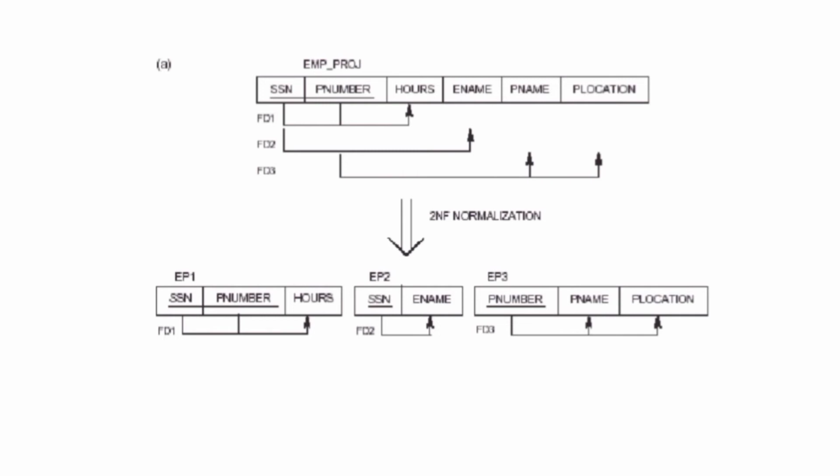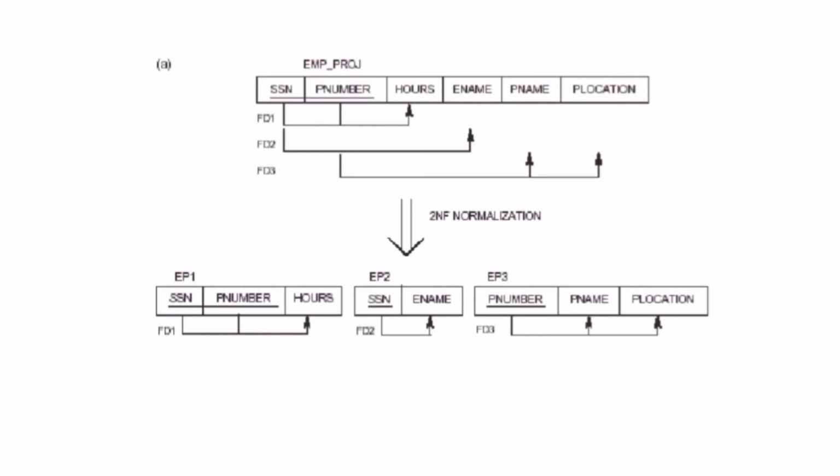So according to the functional dependency definition, hours is fully dependent on SSN and project number because I can't identify the number of hours that employee worked without them. In the same way, the employee name is fully functionally dependent on SSN, because if you don't have SSN information, I can't identify the employee name itself.